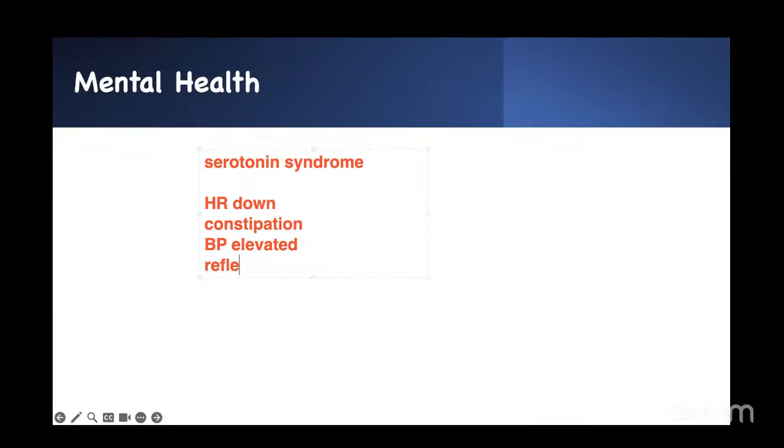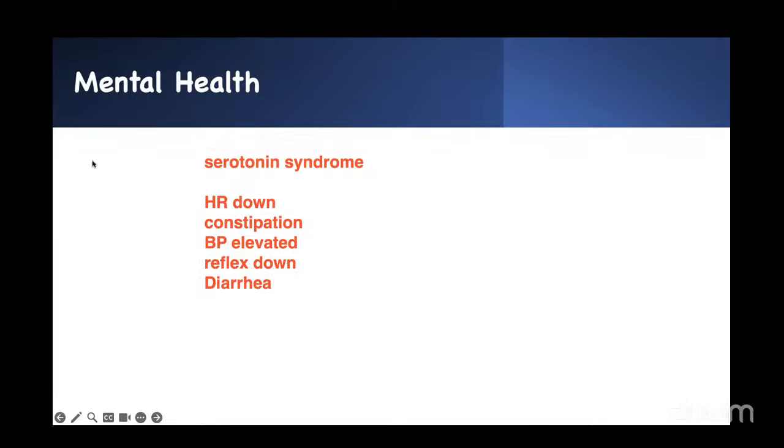I say reflexes down, right? And I can tell you what else? Another example, I will tell you maybe diarrhea, right? So this is what the NCLEX will ask you. They ask you which of these is associated with serotonin syndrome.